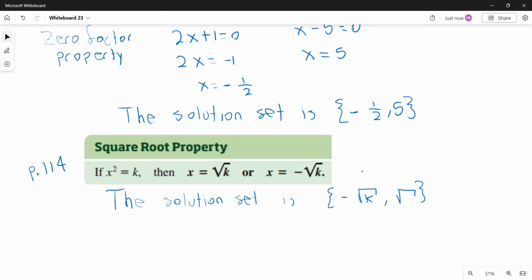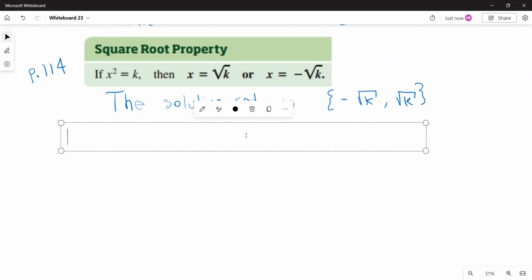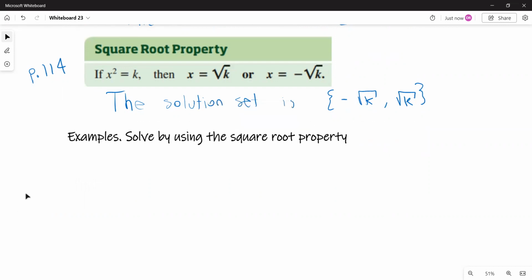If it's positive, you're going to have real numbers. So we're going to solve the following equations by using the square root property. Okay, number one.